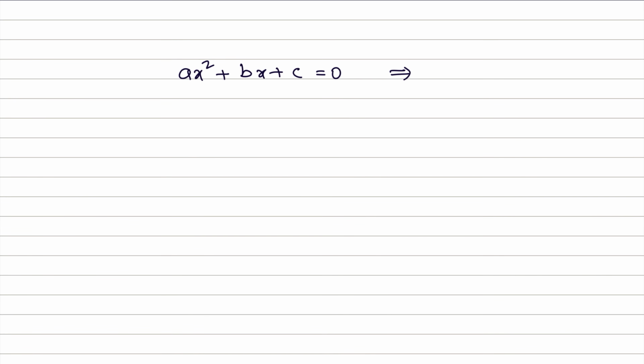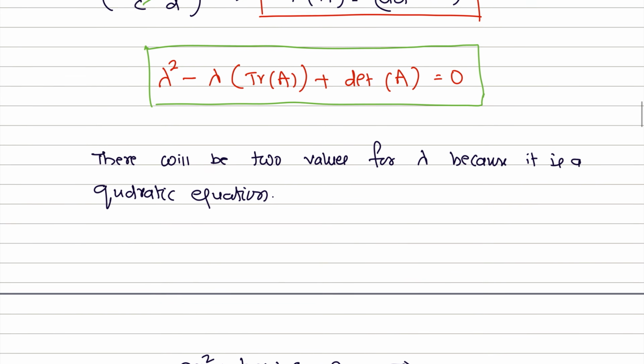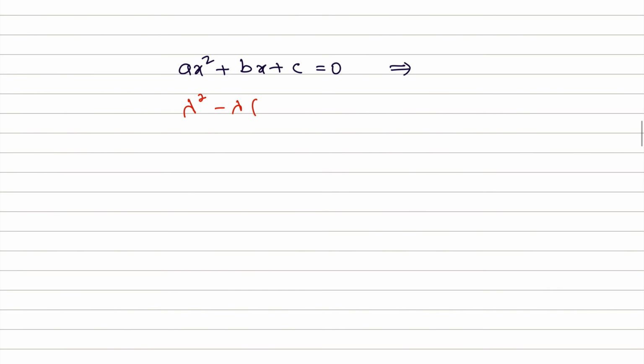Compare it with whatever we have got here. Lambda square minus lambda into trace of A plus determinant of A is equal to 0. Here, what you can deduce from there? A is equal to 1.